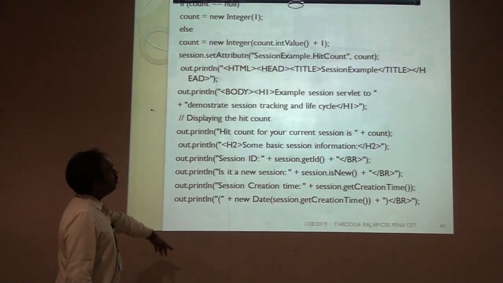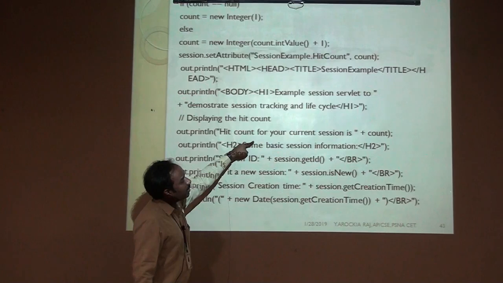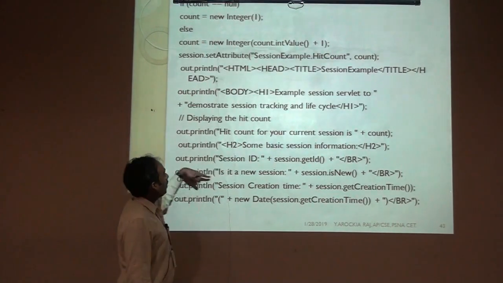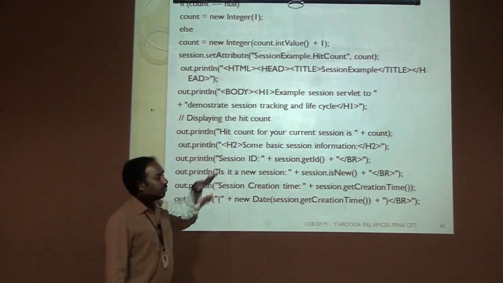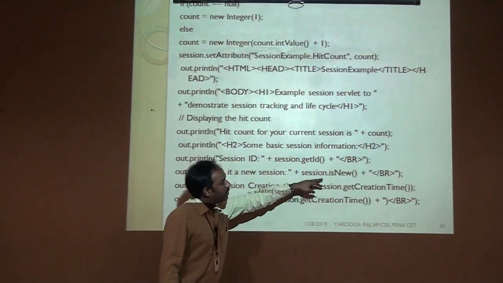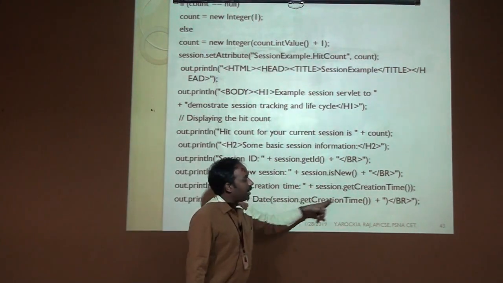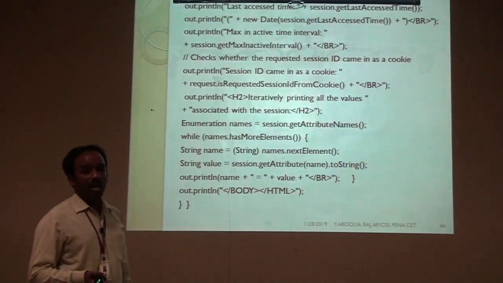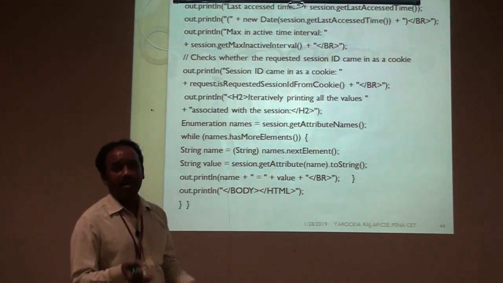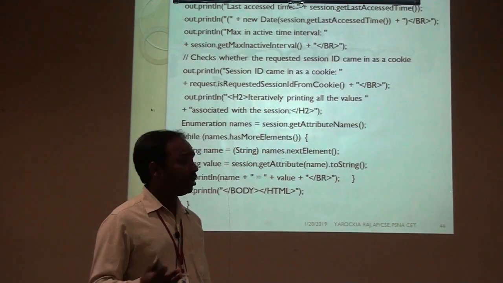In all of this I am going to print the session details, how many times I am executing a particular program. The ID comes from session.getId, which will be created. Whether this session is new or old, the creation time, the date of a particular session, everything I can handle without any prior data information. Here I am not creating anything, that is done automatically, right?